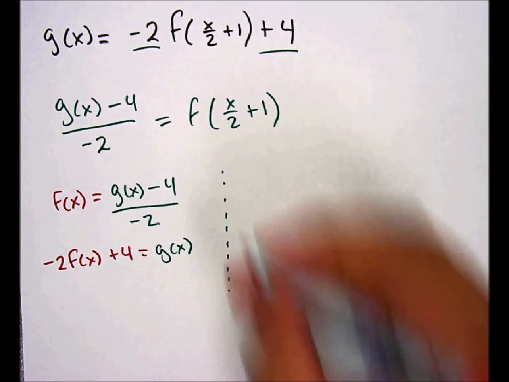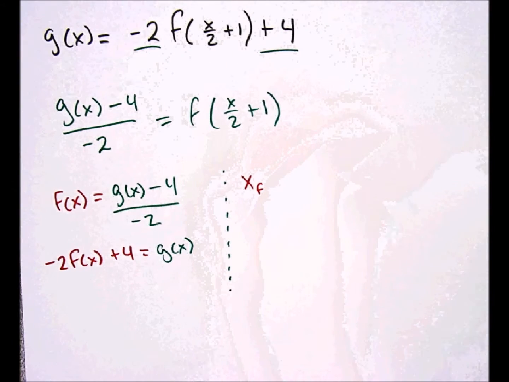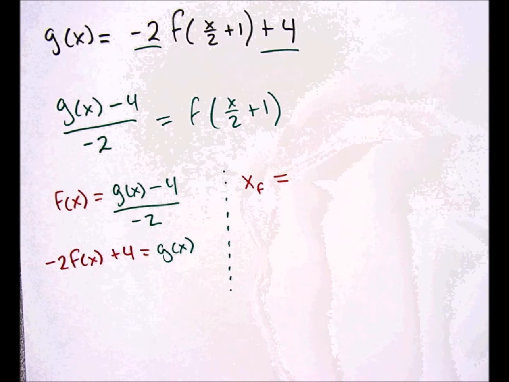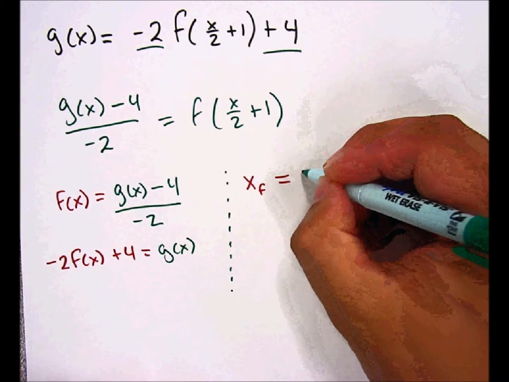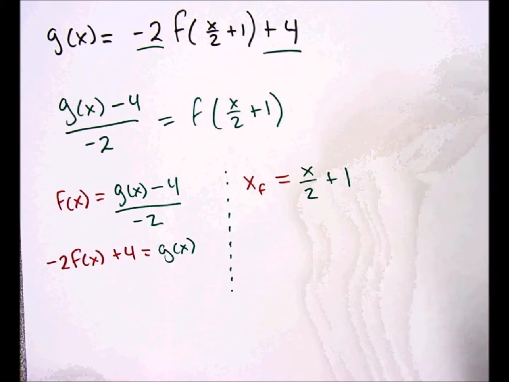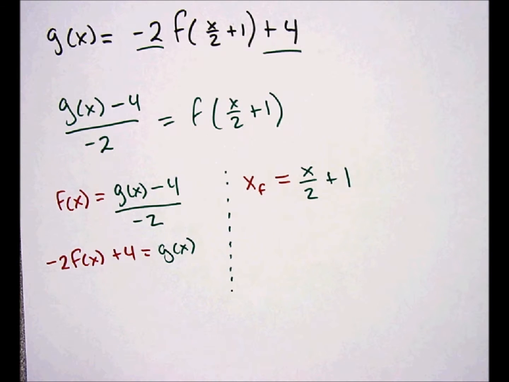What about the domain? X sub f represents the domain of f of x. We know that if I had the domain for g of x and I cut it in half and then added 1 to it, I would get back to the original function domain for f of x.